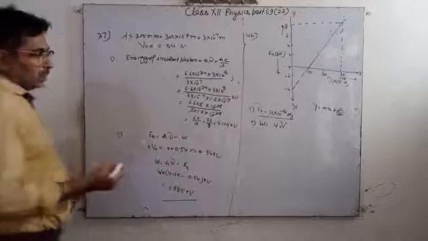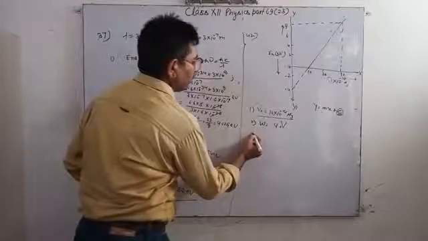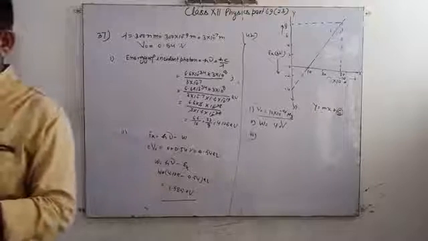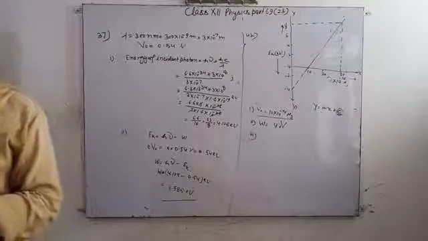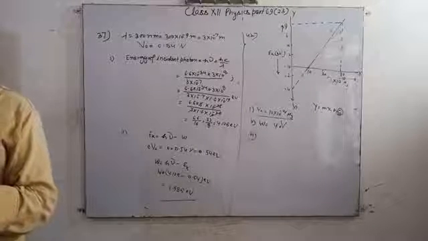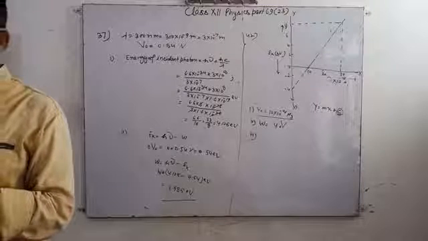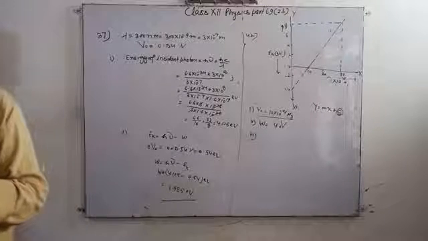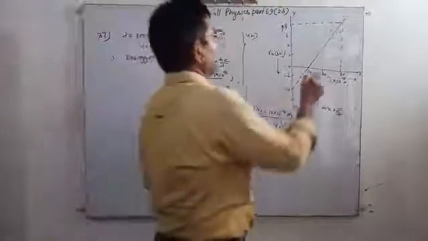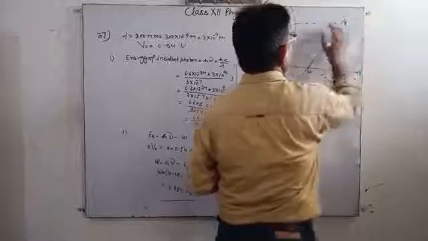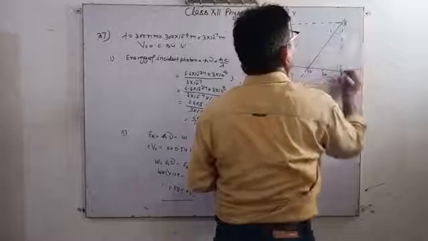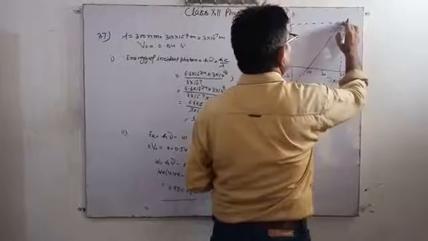And now the third part of the question, from the graph: the stopping potential for the electrons emitted by light of frequency ν = 30 × 10^14 hertz. We draw a perpendicular from 30 × 10^14 hertz on the straight line.